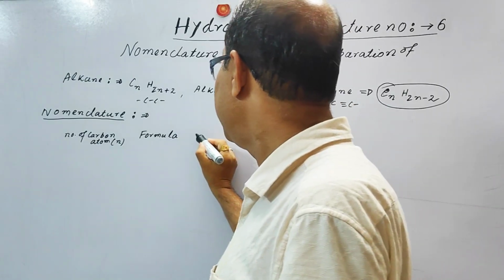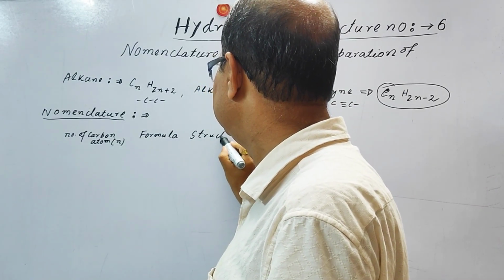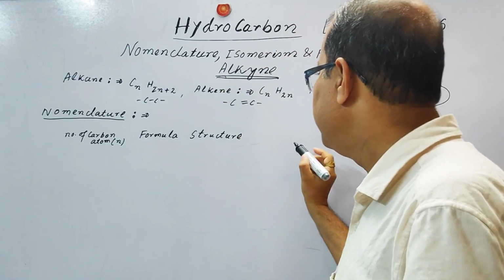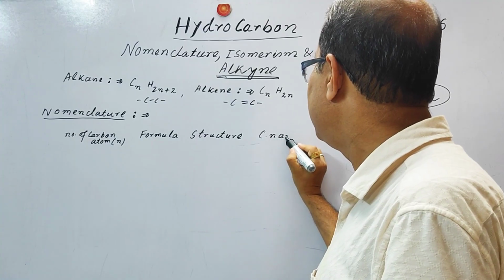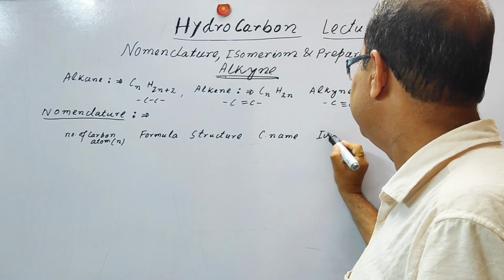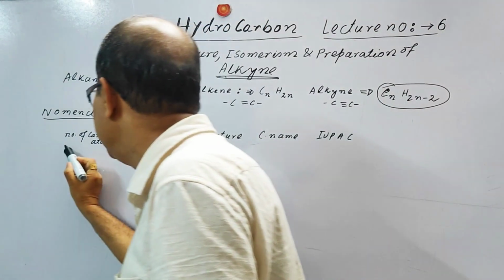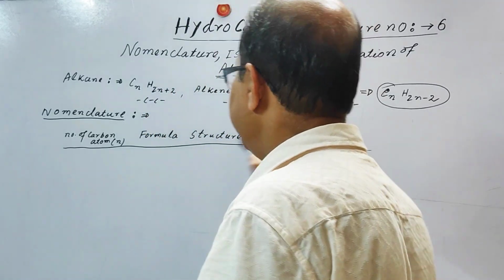Then we will have the formula, then the structure. Then we will discuss the common name, C means common, and the IUPAC name. Okay, so let us understand the nomenclature of the alkyne.